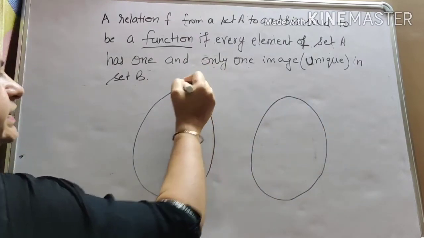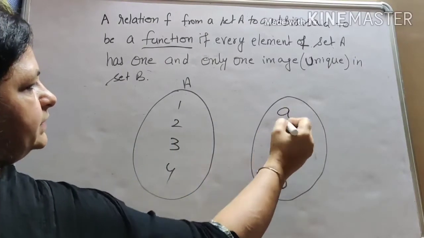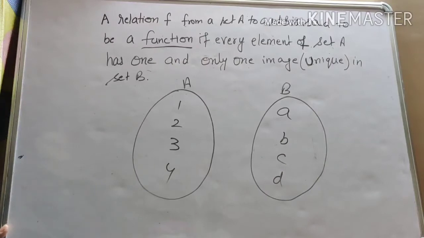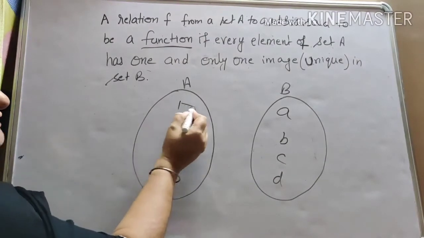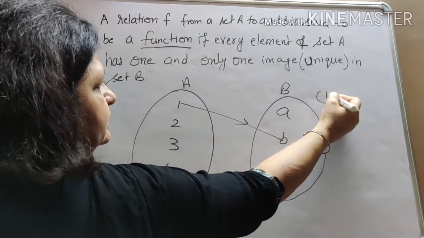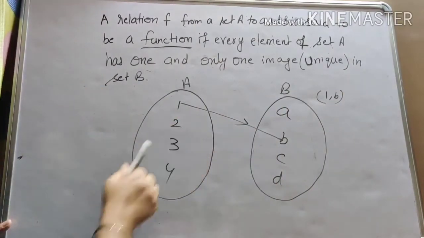Elements of set A are 1, 2, 3, 4 and elements of set B are A, B, C, D. Now, if 1 is related to B, it means 1 has B as image.